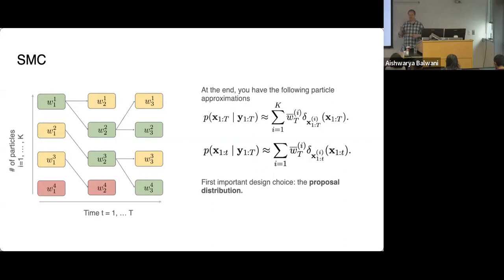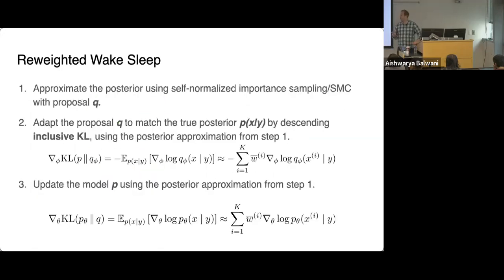Thanks. Are there other questions on SMC or reweighted wake sleep or anything at this point? Yeah, the wake sleep part. So on that slide, steps 2 and 3 are what we call the sleep part, after you've done all your sampling part, you're improving Q and P. Yes, that's my understanding.